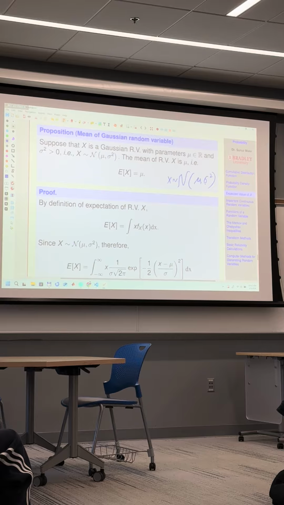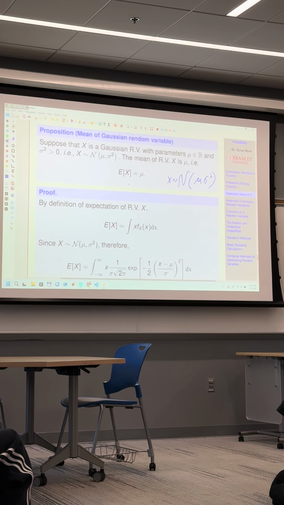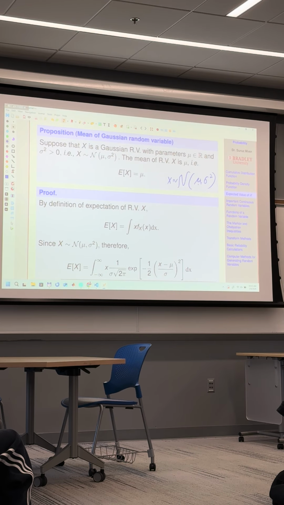Now I'm not going to say these are parameters anymore. Now I can actually prove using the expectation formula that, given this PDF, this parameter is actually the mean and this parameter is basically the variance.